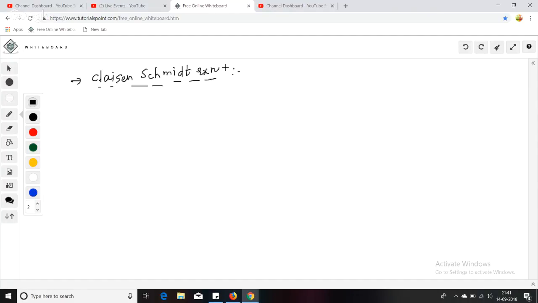An aldehyde which does not have alpha hydrogen, in the presence of a dilute base, condenses with an aldehyde or ketone containing alpha hydrogen. I'll just write all this in short.